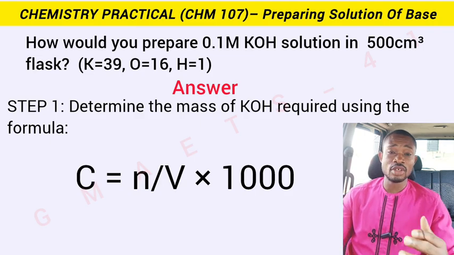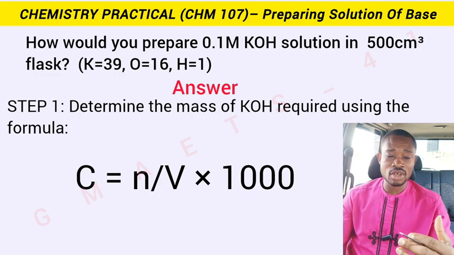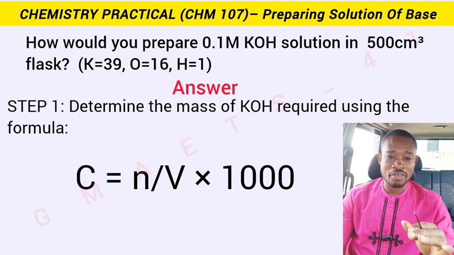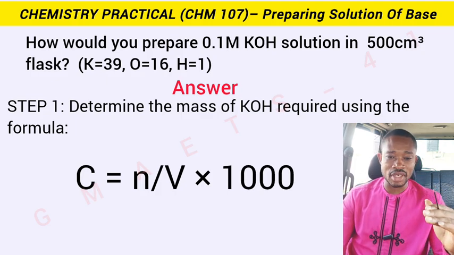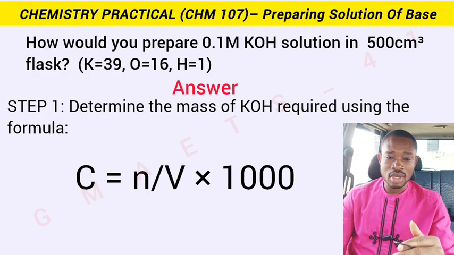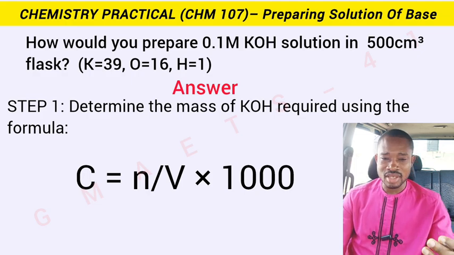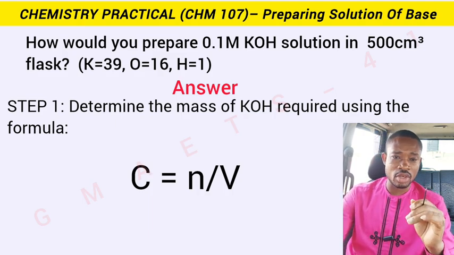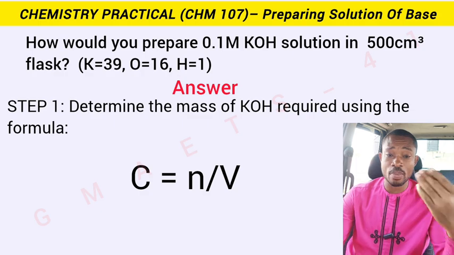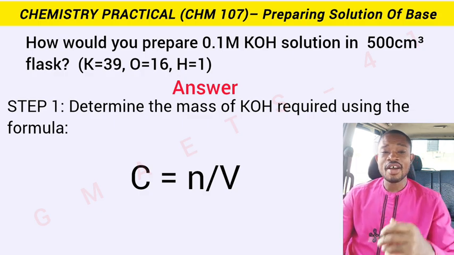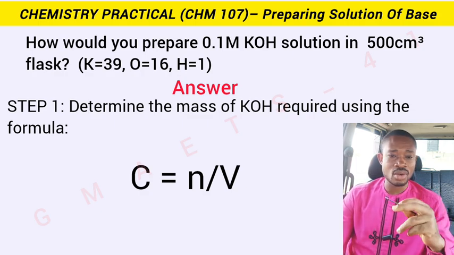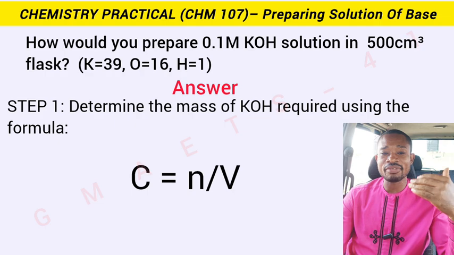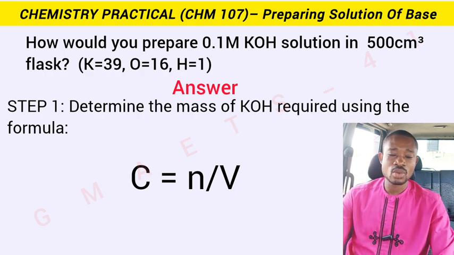But of course, if the volume is in dm cube, decimeter cube, or in liter, there is no need of multiplying N over V, that is amount over volume, by 1000. But in our case here, the volume of the volumetric flask is 500 cubic centimeter. So in that formula, concentration C equals amount N divided by volume V would have to be multiplied by 1000.